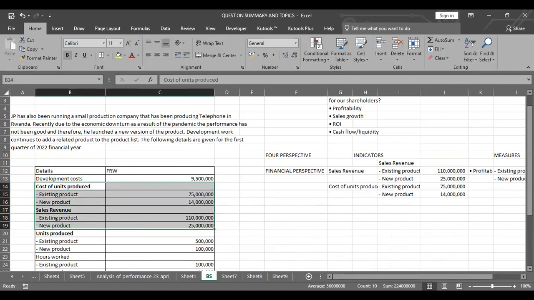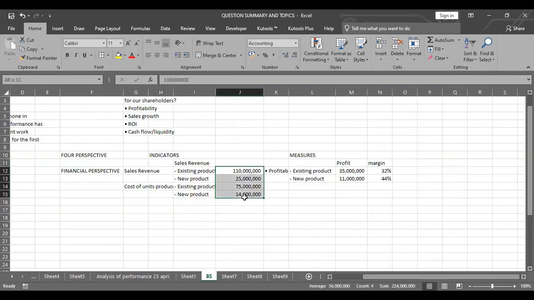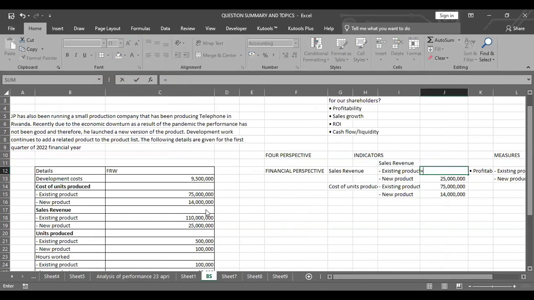So I could analyze financial perspective like that. So how did I get these figures? They are given, all of them. If you check, I just picked them from where they are. Like this one here, I picked it exactly, it is here. Even the 25, I picked it exactly, it is here. Although I copy pasted, this is also exactly as it is there.